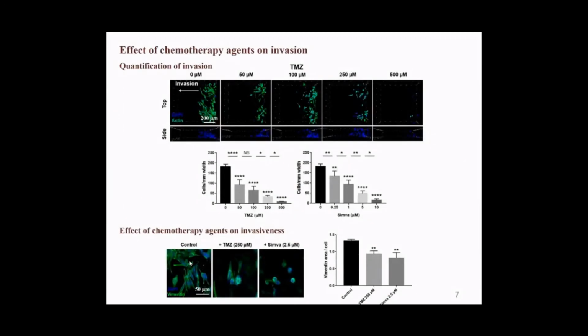And as you can see, comparing the control with the treated groups shows that the treated groups show a lower level of expression of vimentin, and the quantification also represents that. And this shows that in addition to a reduction in cell viability, invasiveness of the cells is also affected by the chemotherapy treatment.